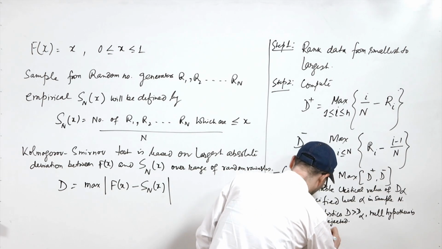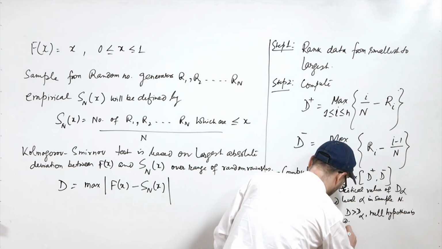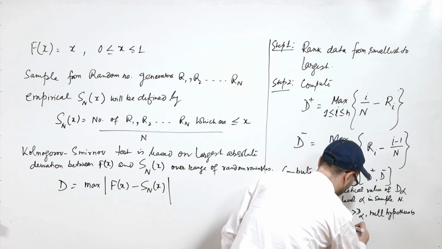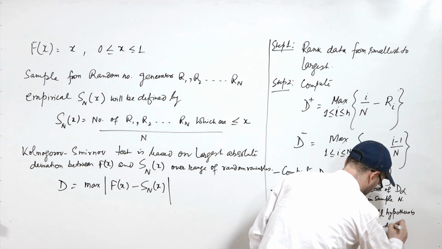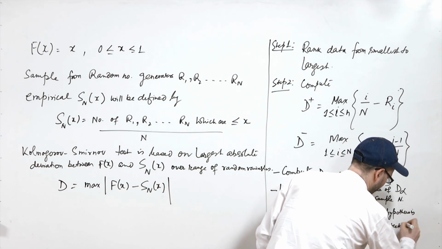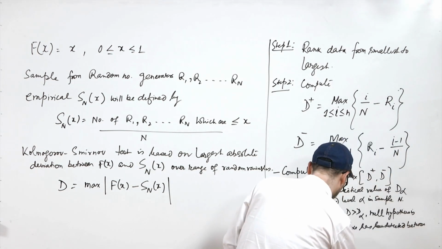And if d is less than d alpha, in that case we say that no difference has been detected between the true distribution and the uniform distribution.